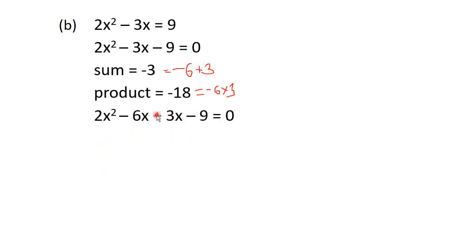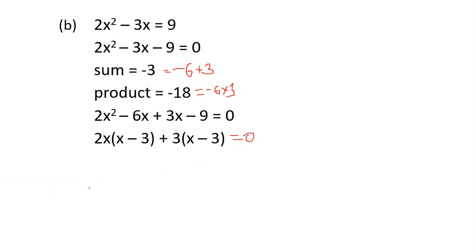Then 3x minus 9, the common factor is 3, so we shall have 3 into brackets x minus 3. So we shall have 2x into x minus 3 plus 3 into brackets x minus 3 is equal to 0.